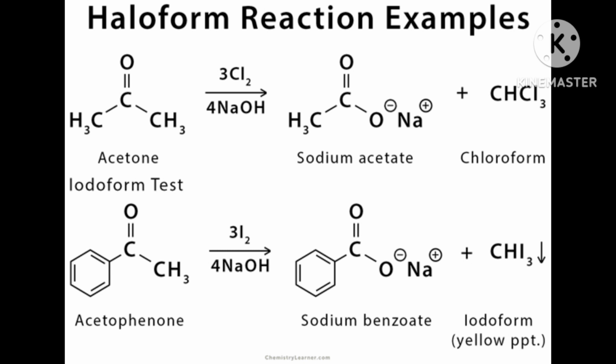Correct? Then in the same way you can understand another reaction. A carbon-carbon double bond is there, with a methyl group on each double bond carbon, and again COCH3 is there.